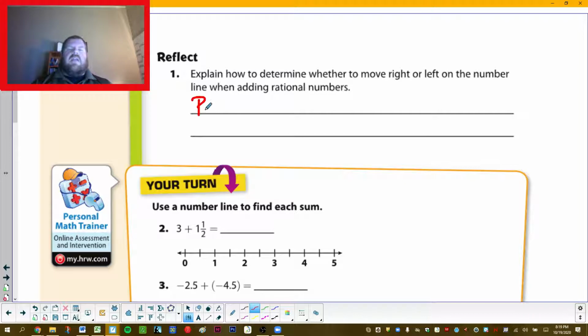I'm going to move right if the second addend is positive, and I'm going to move left if the second addend is negative. So let's look at that in practice.